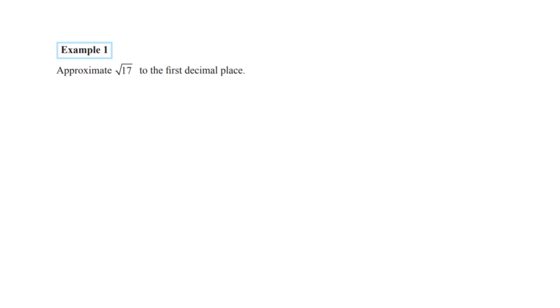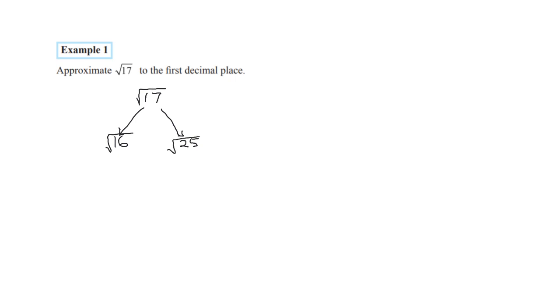We have to find the square root of 17. I write 17 here. Then, 17 is in between square numbers 16 and 25. So we want to find the square root of 17. I put the square root sign there.